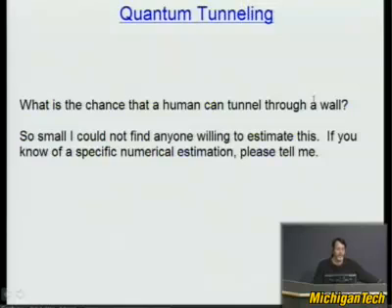There's a much better chance you'll be struck by lightning 100 times on a clear day. Still, it could happen. It's a very, very small, dimensionally small chance, and I really want someone to estimate just how small that is. So if you know the specific numerical estimation, please tell me. If you can find none, even if it's a ridiculously small number, 10 to the minus Google to the Google, send it through. I'm curious. It has educational interest properties.